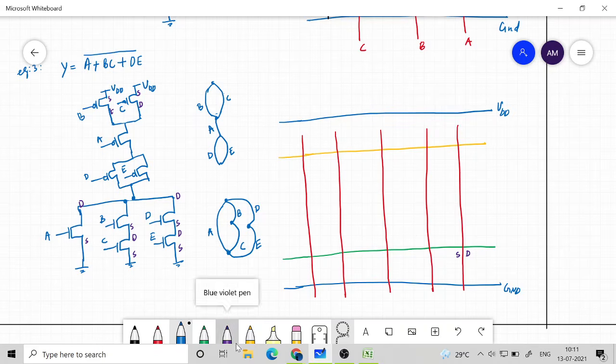Okay, now let's try again. This time I hope I will succeed. So I can start with, say, this point. I can go D and then E, then A. Yes, this time it will succeed. B and C. So I can do the same thing here.